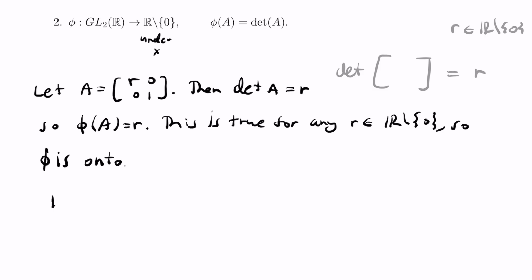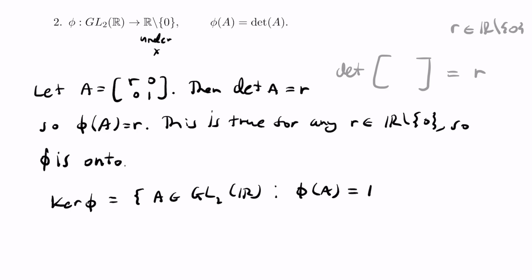Okay, let's look at the kernel of phi. The kernel of phi is the set of matrices A in our domain group such that phi of A is the identity on the right. It's under multiplication, so the identity here is 1.